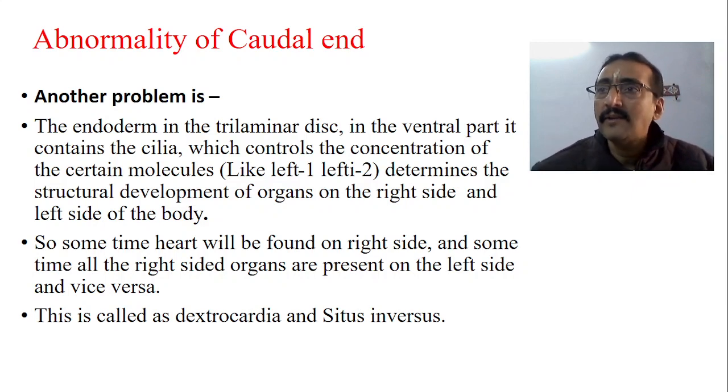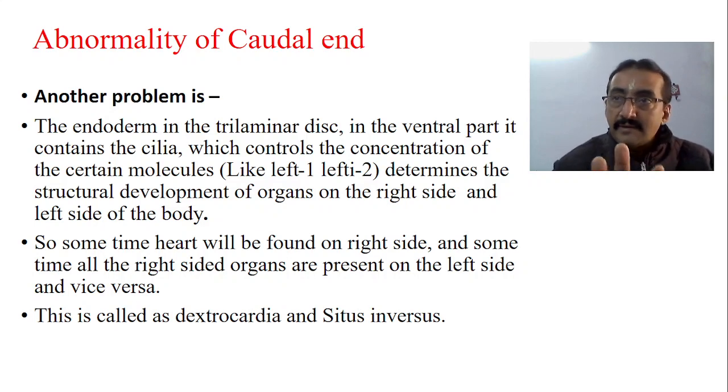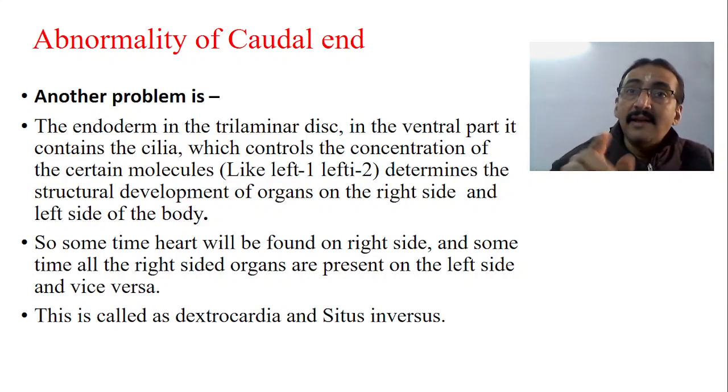We have lungs on both sides, heart on the left side more and right side less, and some structures are placed in the midline. So everything is divided right and left. It is quite interesting, this right and left division. That takes place in the beginning period itself, and it is done by the cells which contain the cilia on the endoderm.